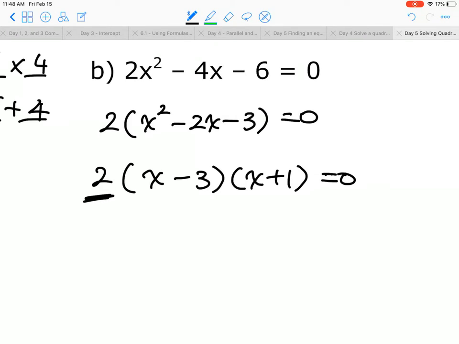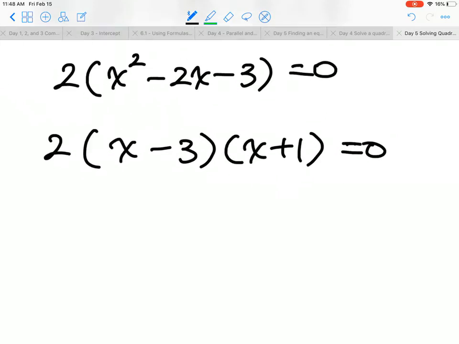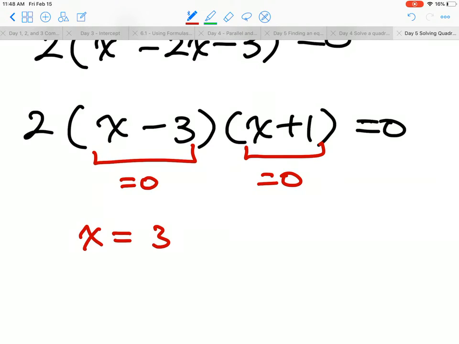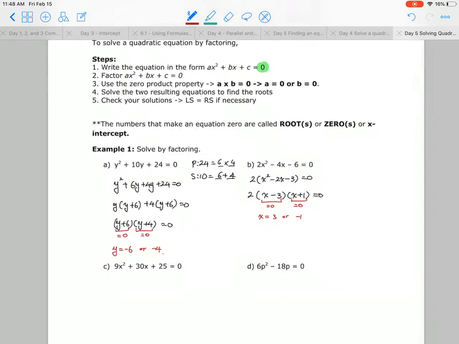Well, that's not an x, right? So I have no interest in it because it won't change anything, since the 2 is a fixed value. x is the one that changes, and that's why we call it a variable, right? So then we have a factored form, make the two brackets 0, this one 0 as well. So then x equals 3 or -1, okay?